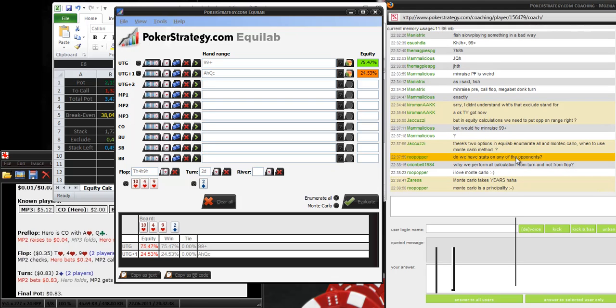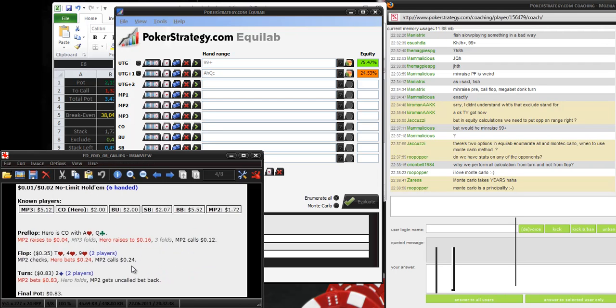Do we have any stats on the opponent? Unfortunately not, the opponent is unknown to us. Why do we perform the calculation from the turn and not from the flop? The problem is that on the flop there is no point for us to calculate the equity.